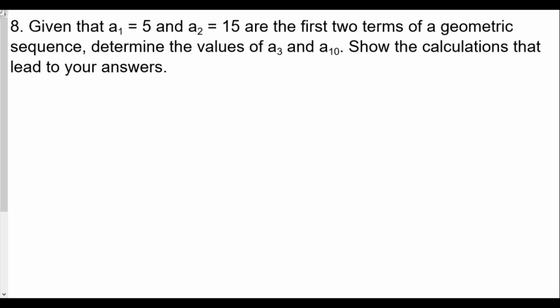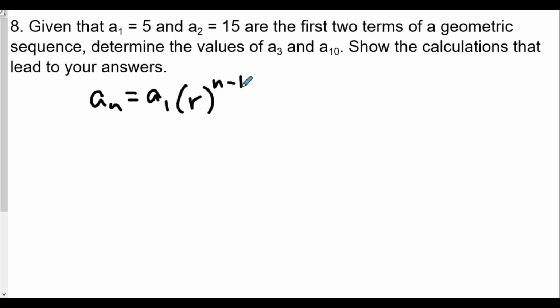We can definitely find A3 just by finding the common ratio and then multiplying by that R value. But to find A10, we probably want to find A sub n, the nth term. Our formula is A of n is equal to A1, our first term, times R raised to the power of n minus 1.